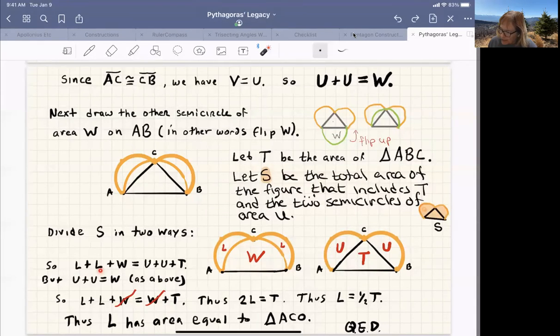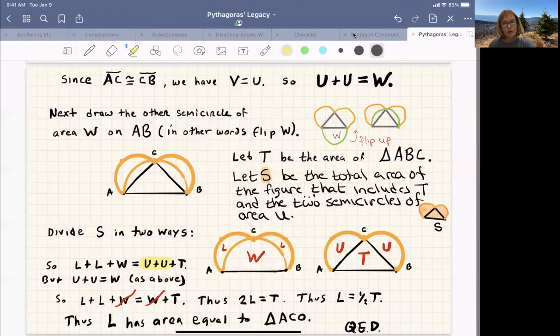So L plus W equals U plus T. But remember, we said that U plus U is equal to W. So we're going to make that substitution right here.